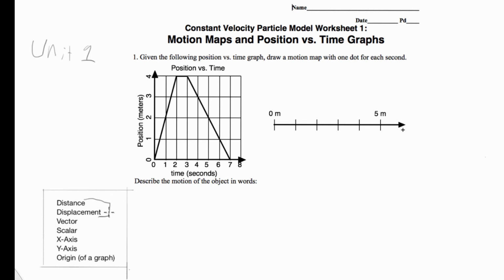In the future, you might ask me to, and then I will do that. Vector versus scalar, x-axis and y-axis, and the origin of a graph. So I will be using those words. These are the words that you will be expected to have a good understanding of. So if after this video you don't understand what any of these terms are, please let me know, and we will find a way to help you figure that out.